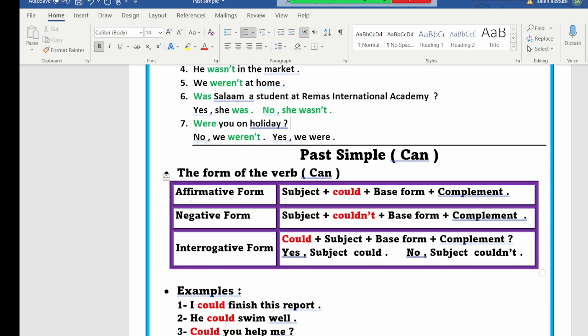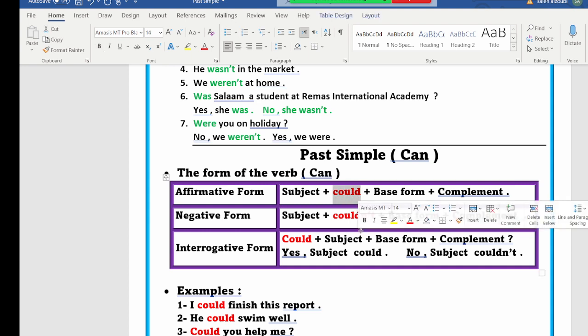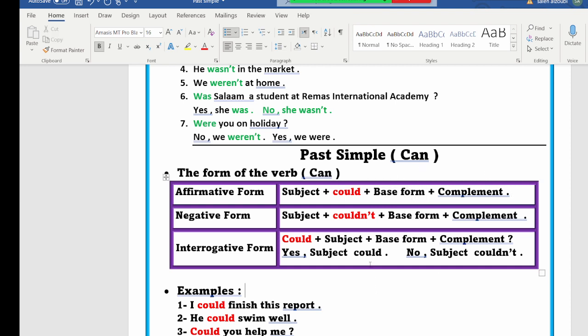In the affirmative form we always start with the subject followed by could. And could must always be followed by the base form of the verb; we can't add s or use the second or third form, the past participle. The base form plus complement and full stop.